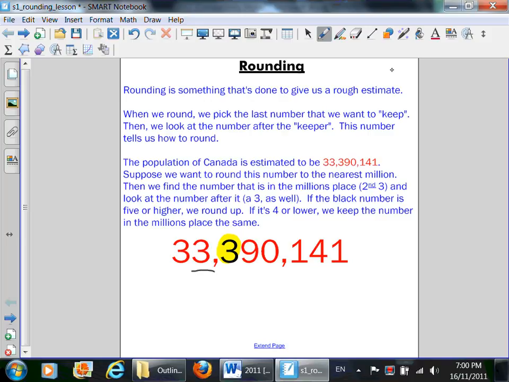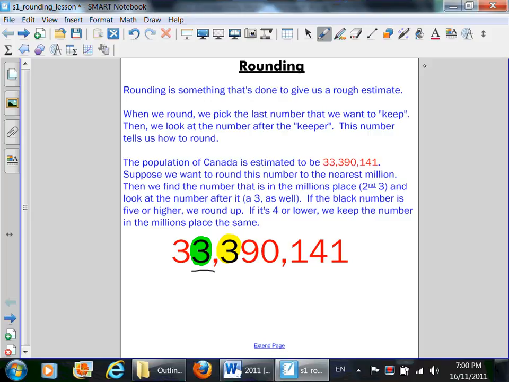Well, the number after it tells us how to round. If the number after our keeper is 5 or higher, then we round this number up to 34 million, but if it's 4 or lower, then we round this down to 33 million.